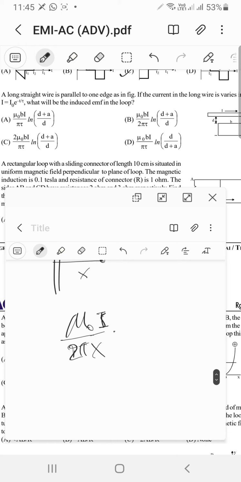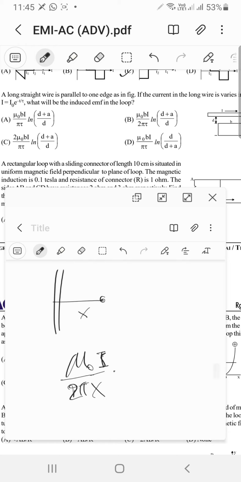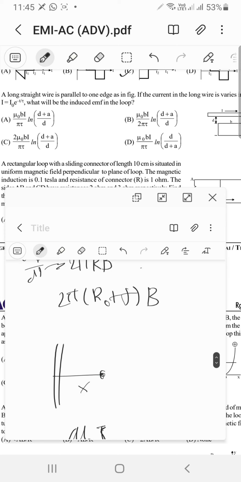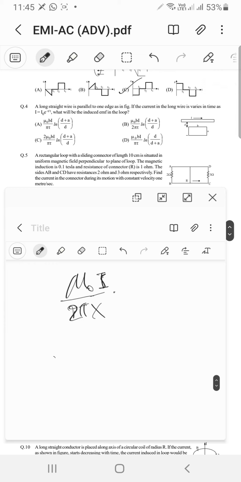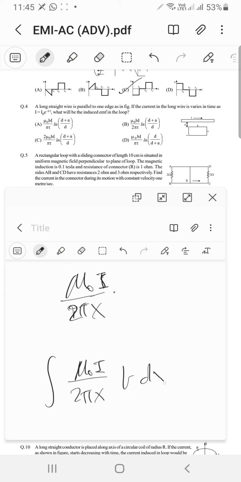So this is going to be mu naught upon 2 pi x times I. That's the magnetic field. So we just want to integrate this thing. We will say okay, integration of this field mu naught I upon 2 pi x times our area element, which will be b dx, right? And it goes from d to d plus a, I think.